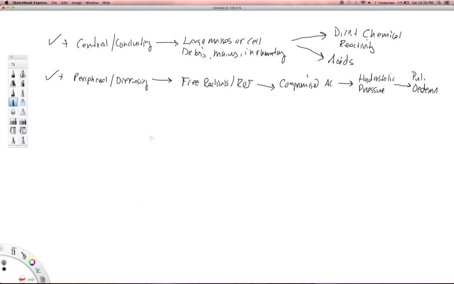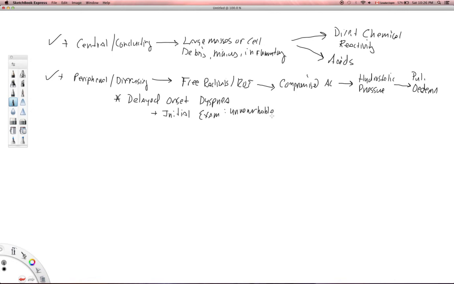In fact, that's a classic or key finding with this: you have this delayed onset dyspnea, and your initial exam may be rather unremarkable.